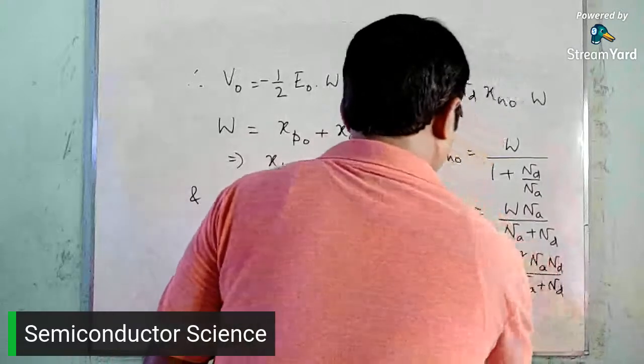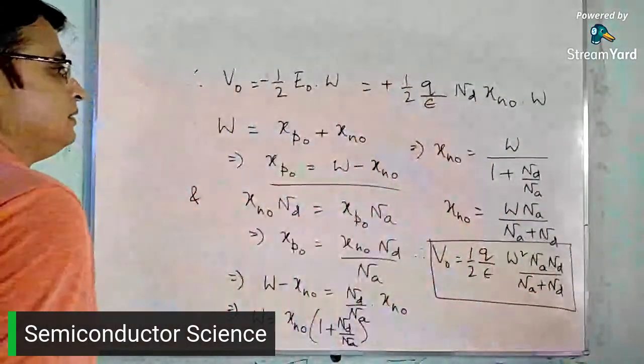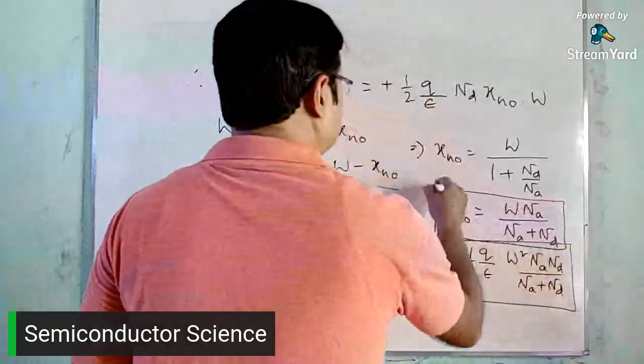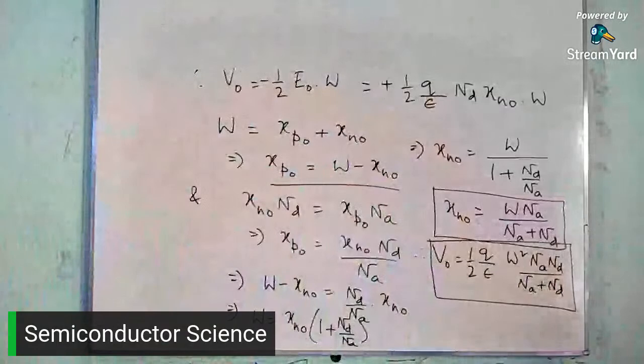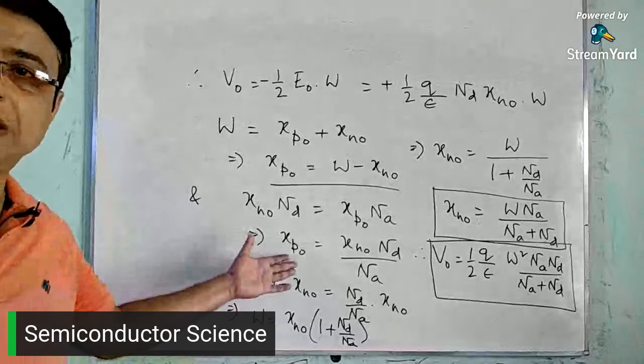So that is the value of the contact potential V0. Okay, that is the value of xn0, that is the length of the depletion region or transition region inside the N-type side, and that is the value of xp0.